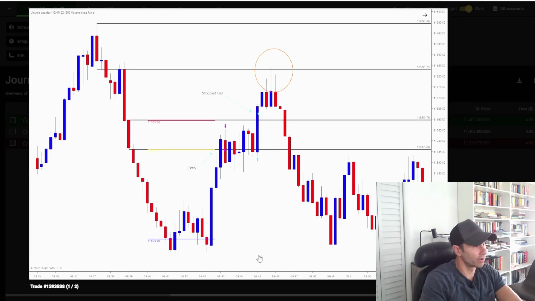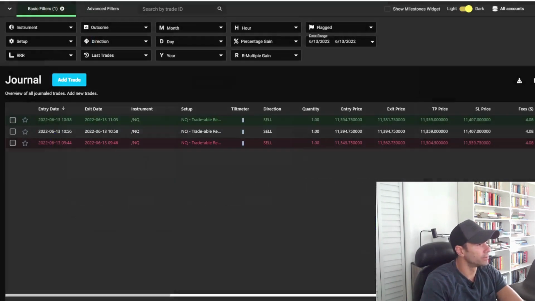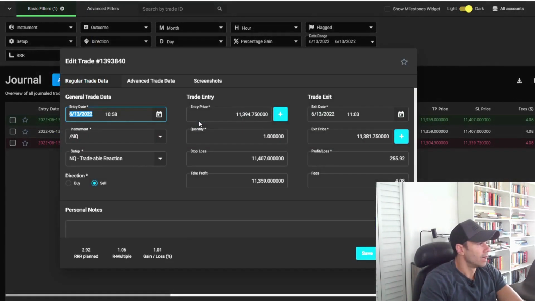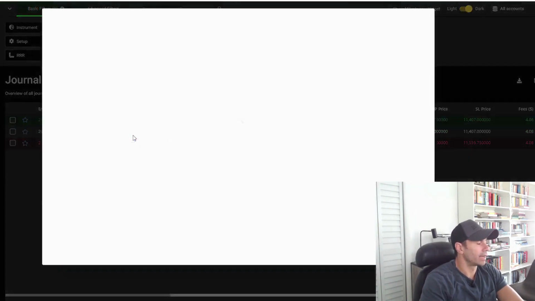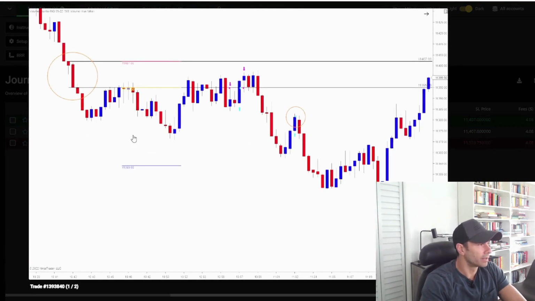The volatility was so high at 9:45, so I wasn't executing properly, right? So I do understand that I am not in my best state. So I said, all right, this thing moves so close to 3 to 1.